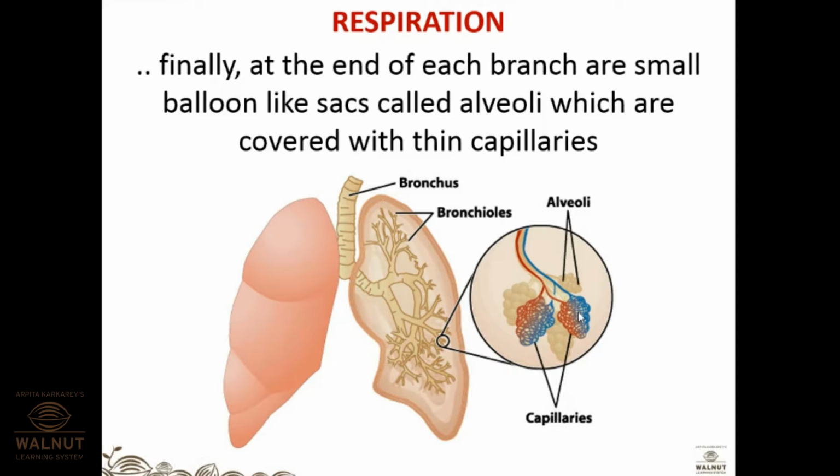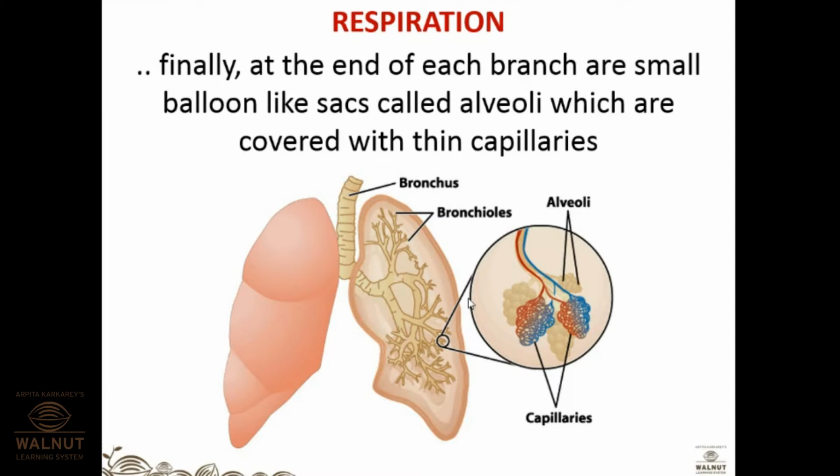Why do you think that the alveoli need to be surrounded by blood capillaries? And what will happen if they are not surrounded by blood capillaries? Like in the case of digestion, nutrition also, we have seen villi, which were finger-like projections. They were very well surrounded by blood capillaries.